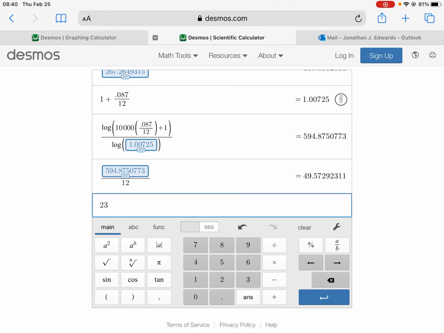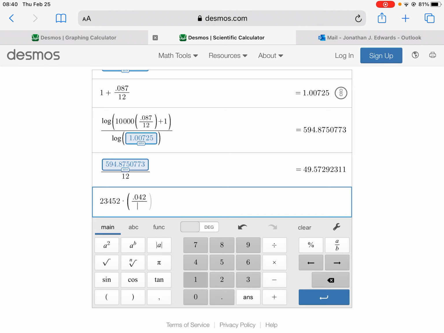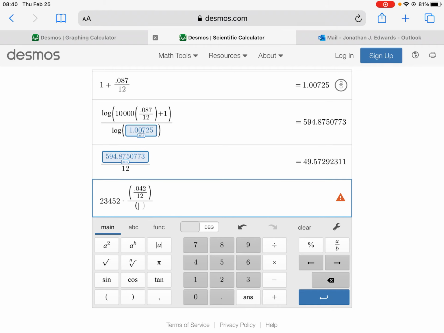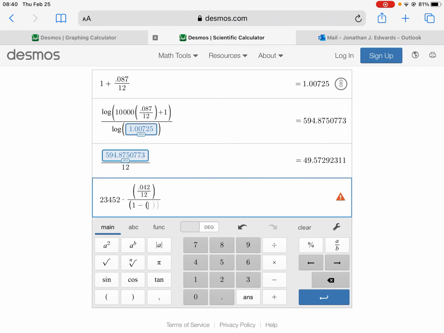So it's 23452 times 0.042 divided by 12. Go ahead and divide all of this by 1 minus 1 plus 0.042.